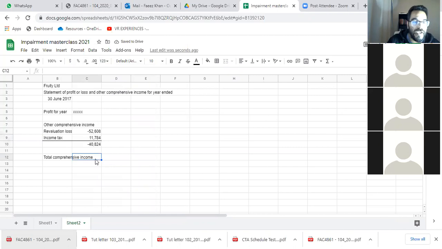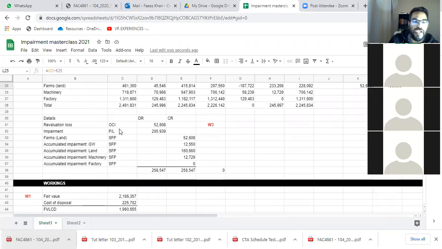So part B was 20 marks. This answer was your 20 marks. Because remember, in order to know how much impairment loss goes against revaluation, you needed to do this whole table.